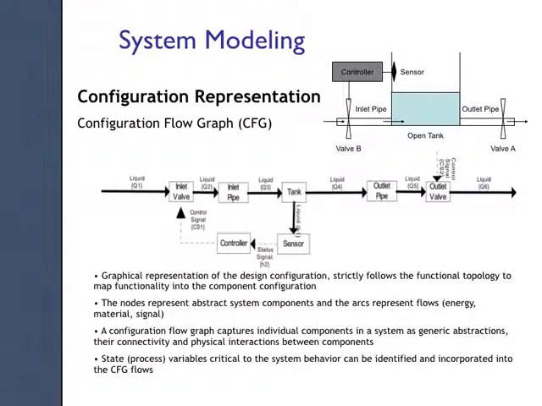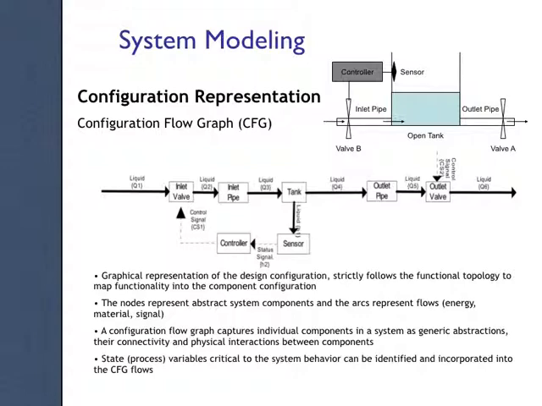And the next element of the system model is the configuration representation. There's a couple different names that this kind of goes by. Configuration flow graph is the way that this methodology defines it. But the configuration flow graph is just a physical representation of the system. And it uses graph because of network theory and graph theory.